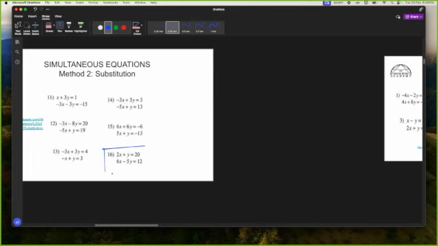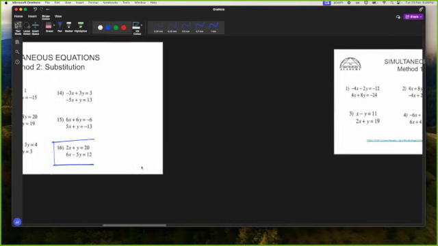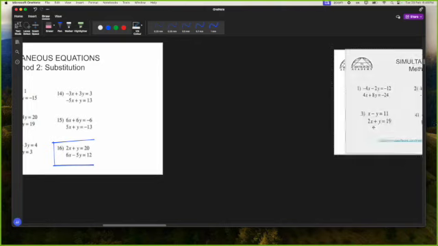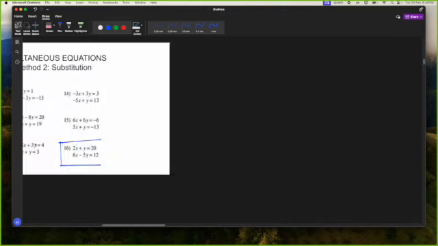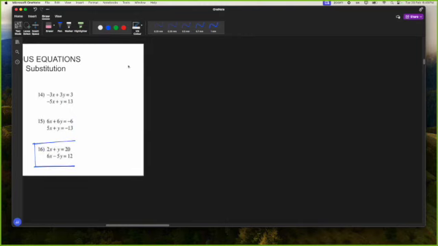When you finish, leave your answer in the chat. You have to use the elimination method. In fact, let me write it down so that people wouldn't do the wrong one, right? So what do we have? 2x plus y is equal to 20, and then 6x minus 5y is equal to 12.